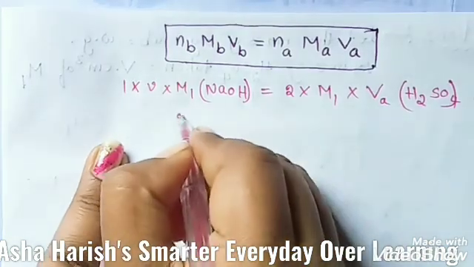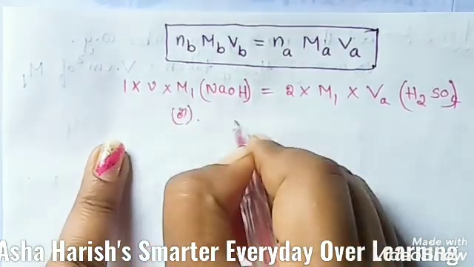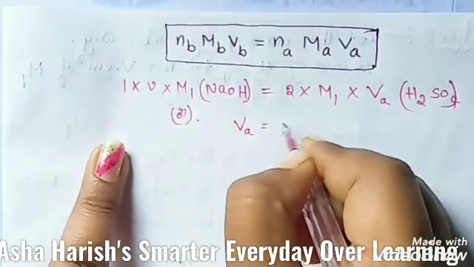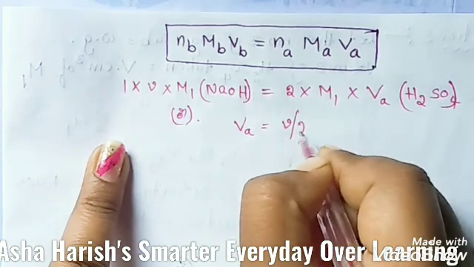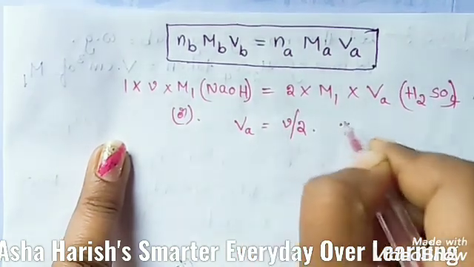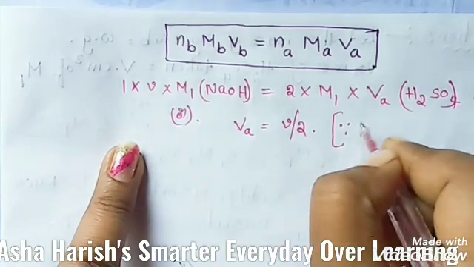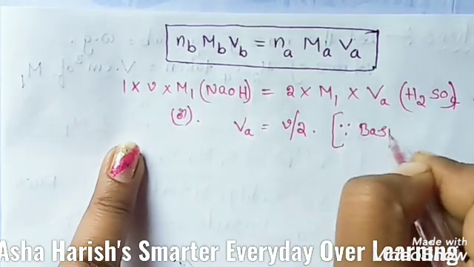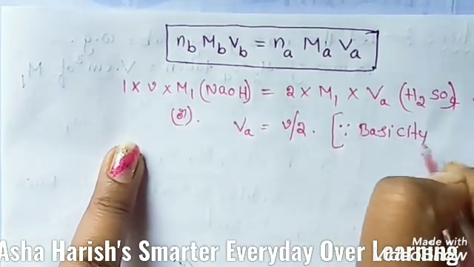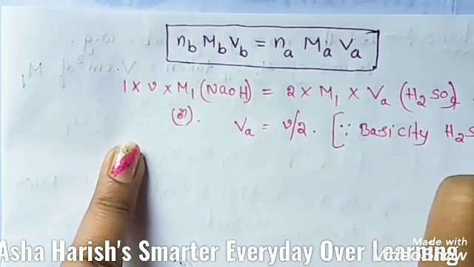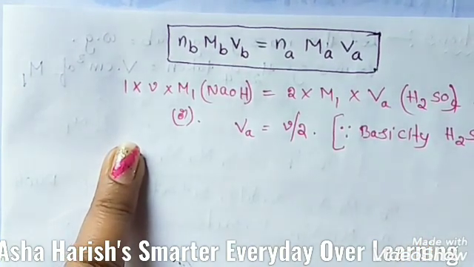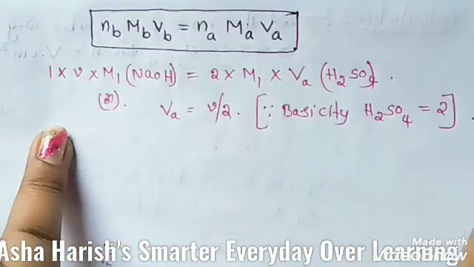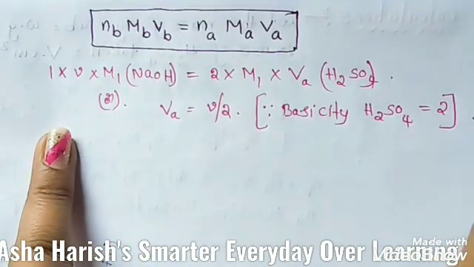Or VA is equal to small v by 2, according to that basicity of H2SO4, sulfuric acid, is equal to 2.